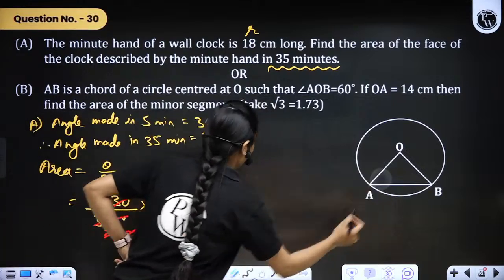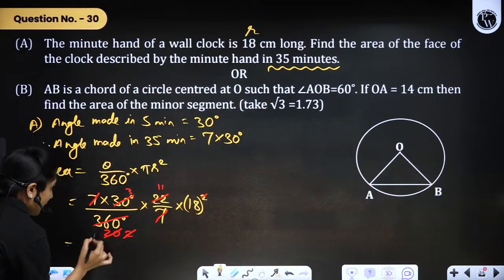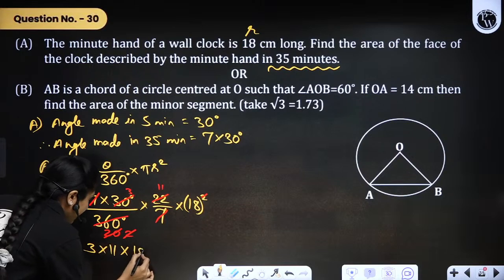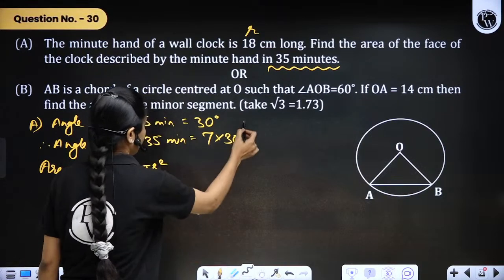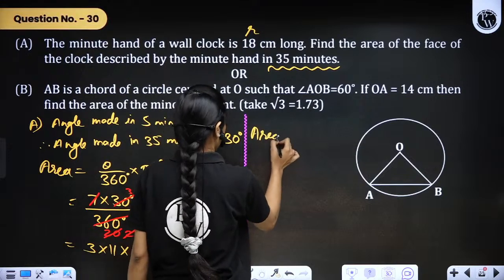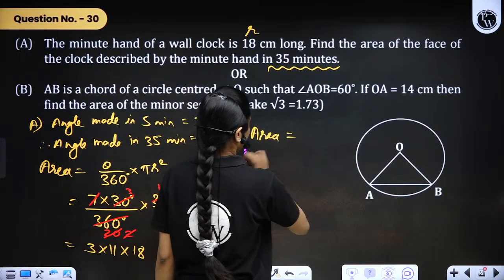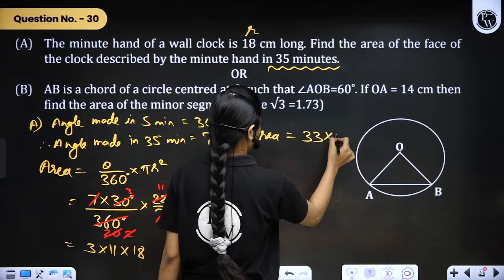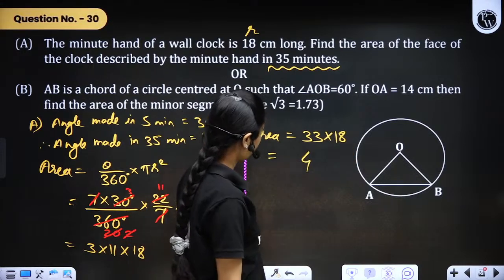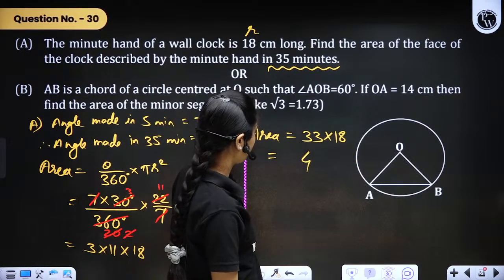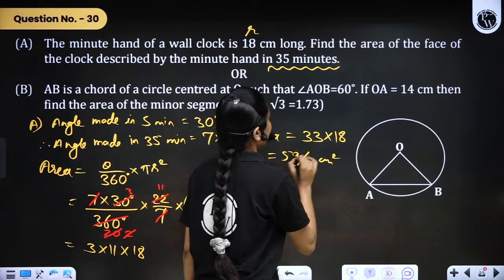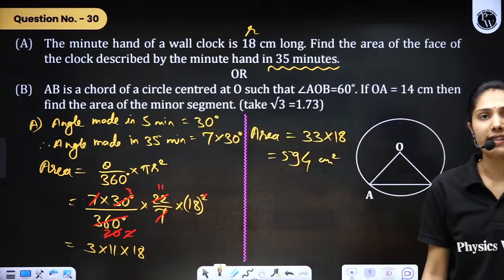So what we are left with is 3 into 11 into 18. Therefore, the area is 33 into 18, which is 594 centimeters square.